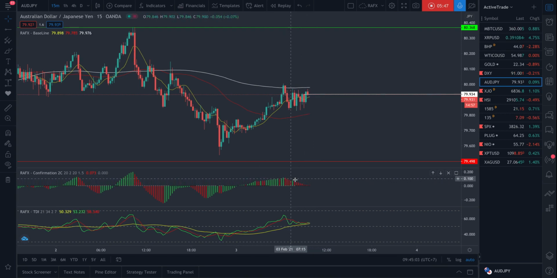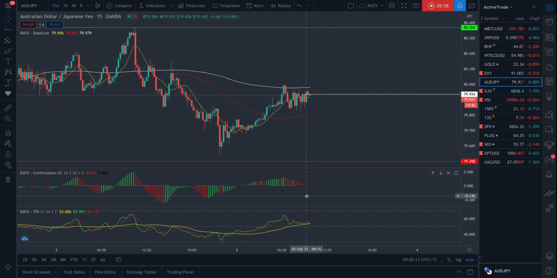Okay. So if you notice, the momentum on the 15 chart is declining, but the TDI, however, is gaining or moving up into the buy zone.